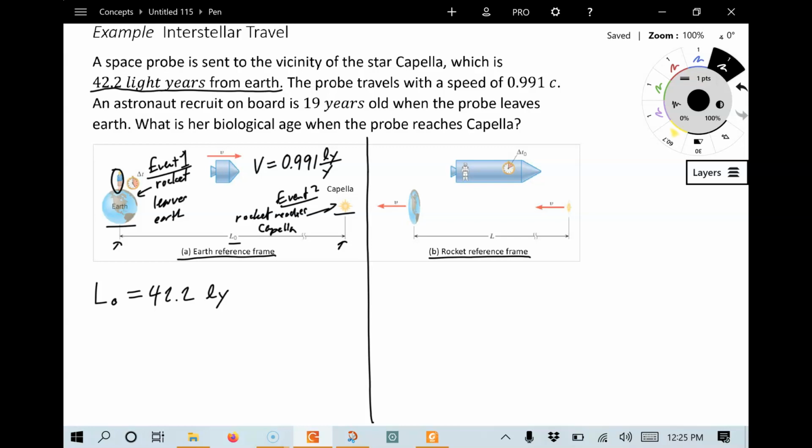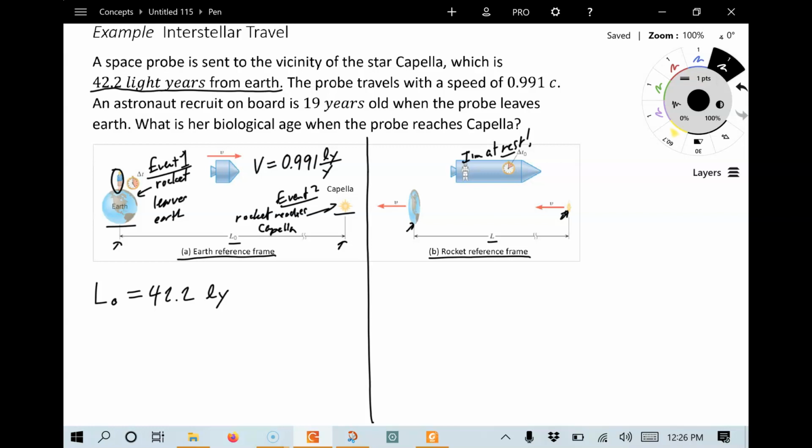In the rocket reference frame, you have the same two events, but from this point of view, this rocket person is going to say, I'm at rest in my reference frame, and it's the Earth and the stars that are moving. Because the two locations where the Earth and the star are in their reference frame are moving, that means this is a contracted length.